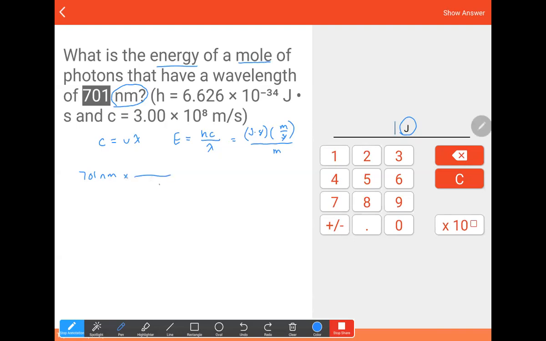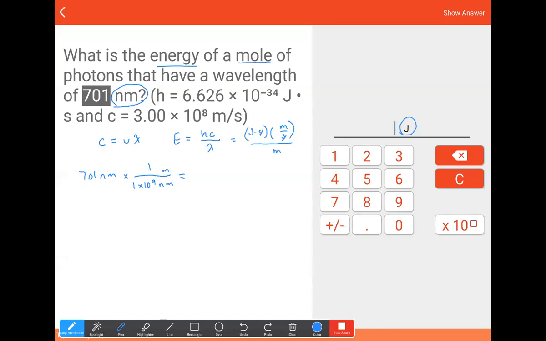Nanometers are on top, so we need nanometers on the bottom, meters on top. 1 meter is equal to 1 times 10 to the 9th nanometers. Or you could say 1 nanometer is equal to 1 times 10 to the negative 9th meters. Either way, but you got to make sure, right? If we have a large amount of nanometers, it should be a tiny number of meters, because a meter is big, nanometers are tiny.